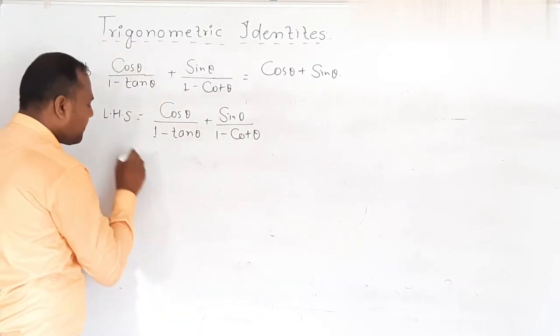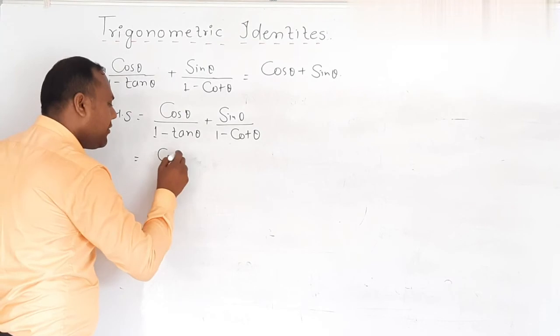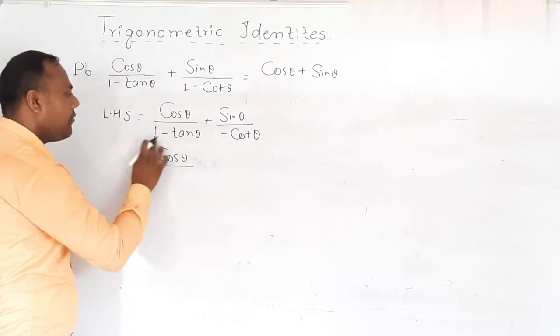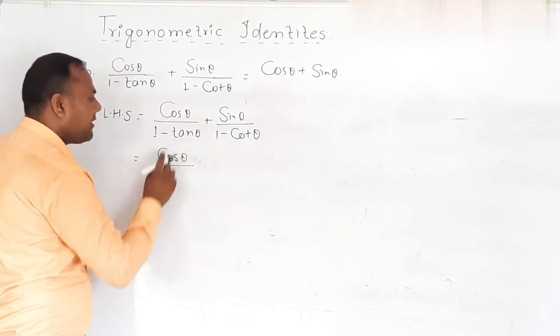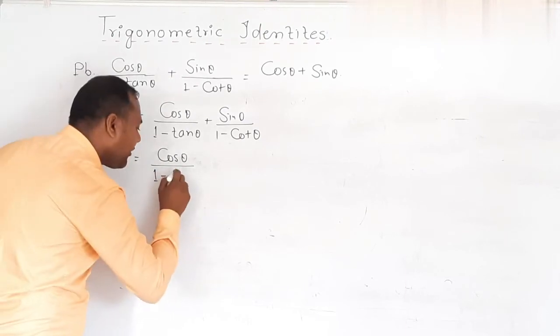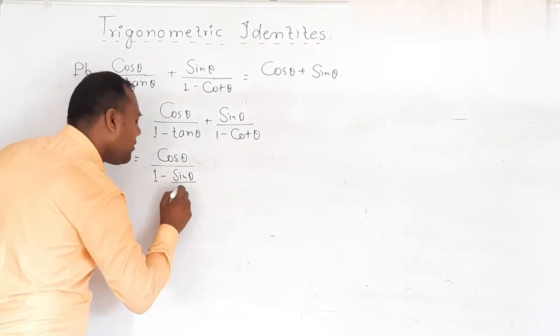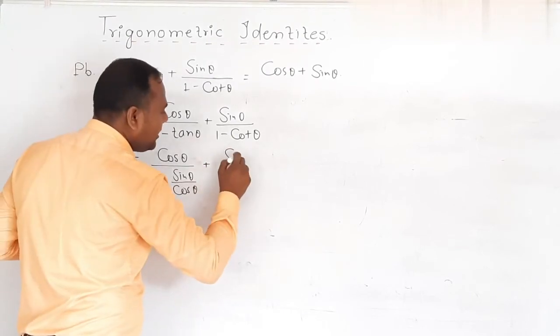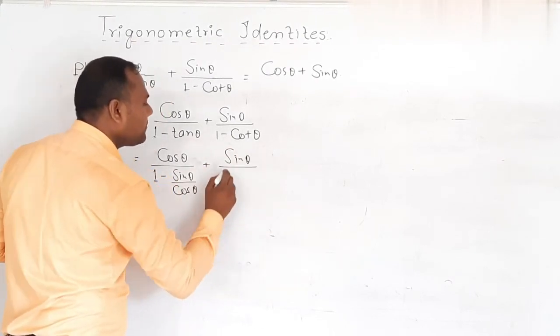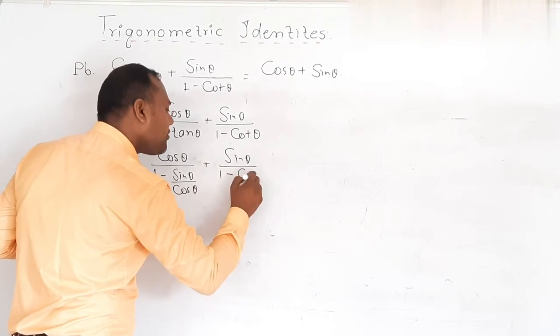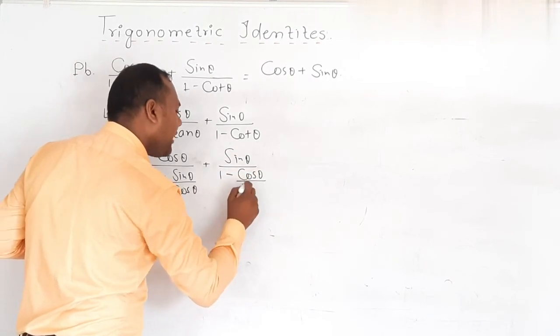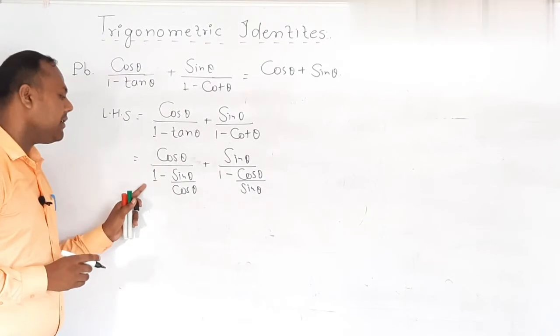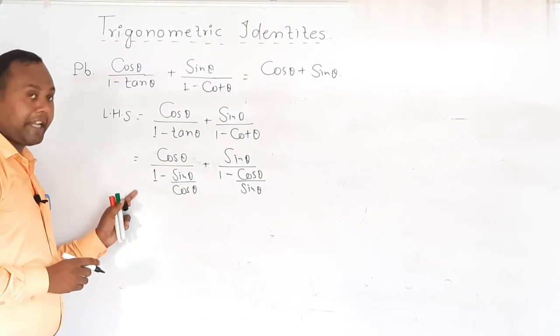So cos theta remains the same, divided by 1 minus tan theta converted into sin theta upon cos theta, plus sin theta upon 1 minus cot theta, meaning cos theta upon sin theta, and here we have to calculate in the fractional form.